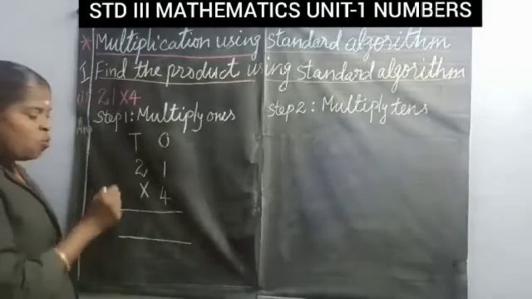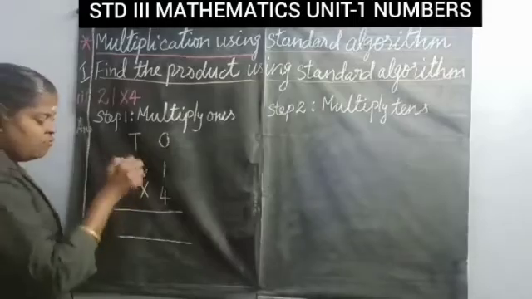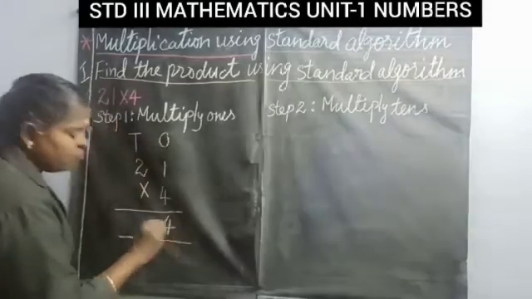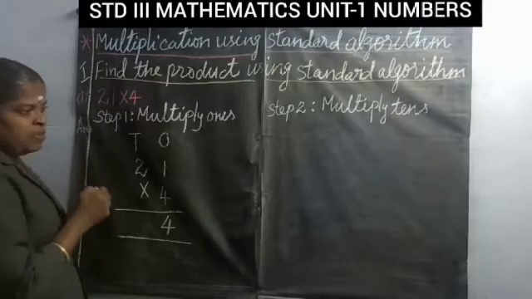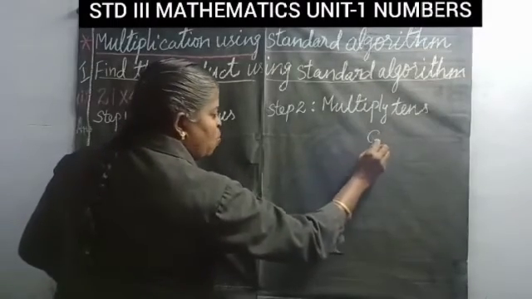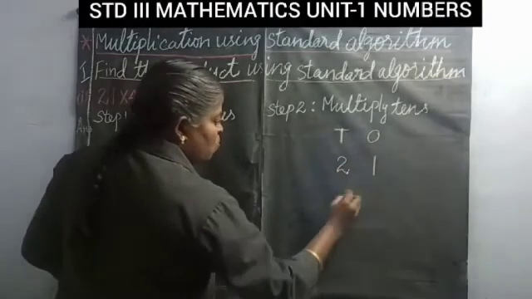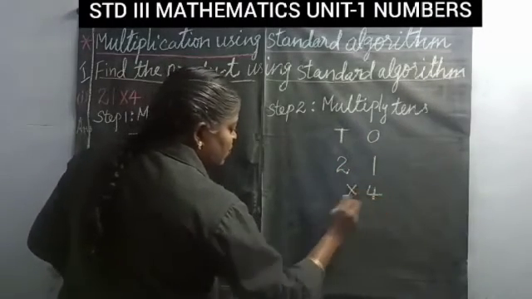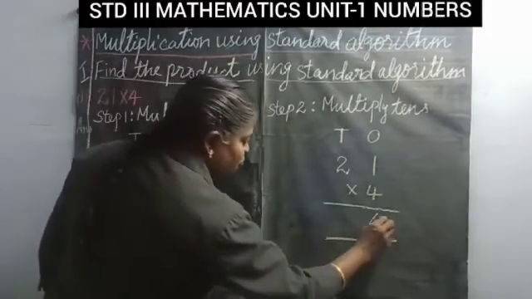First multiply ones. 4 ones are 4. So first we write 4. Then step 2, multiply the tens place. We have already multiplied the ones, so 4 ones are 4.